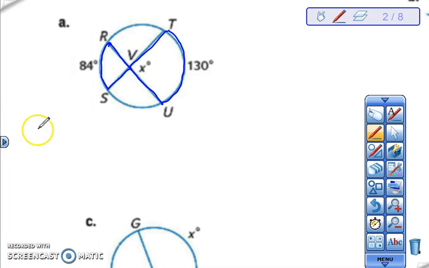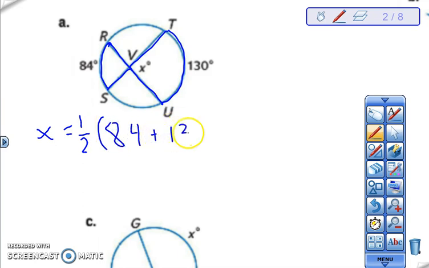So the measure of the angle will be 1/2 of the sum of the arcs. So we simply add the arcs together, divide the answer by 2. We get 107 degrees.